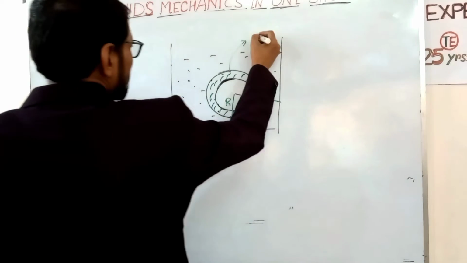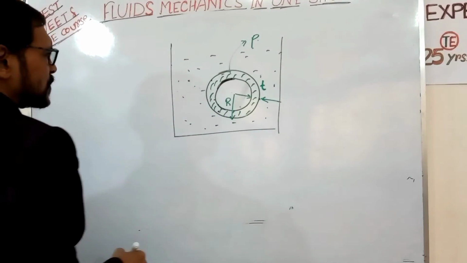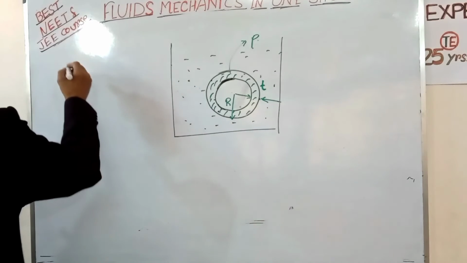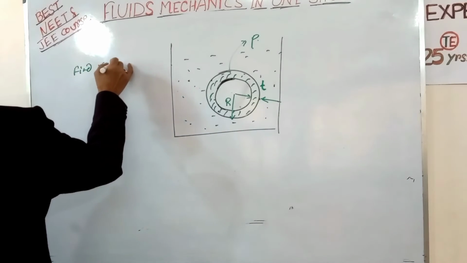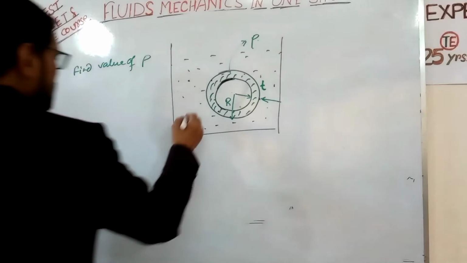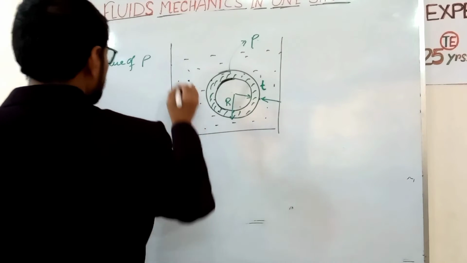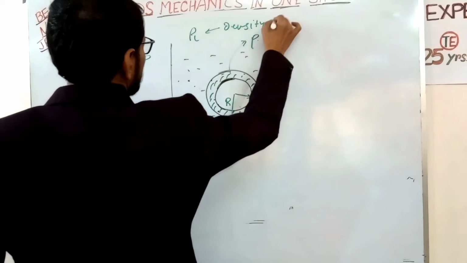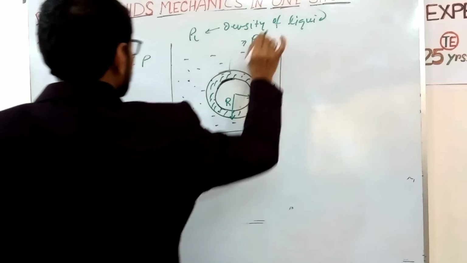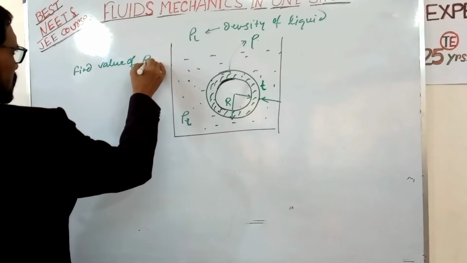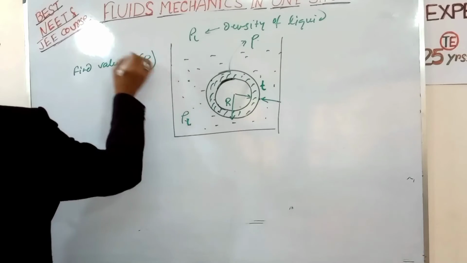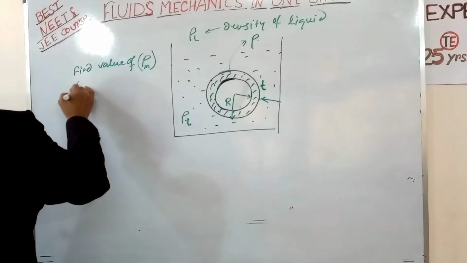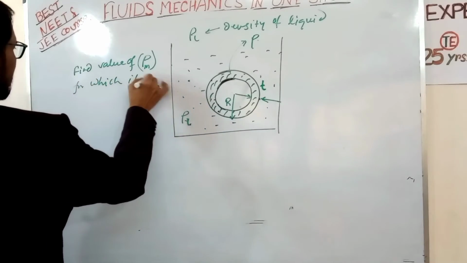What is the condition on the density of the material so that it can float? Find the value of rho if the density of the liquid, rho L, is given. Find the value of rho m, the density of the material of the shell, for which it can float.